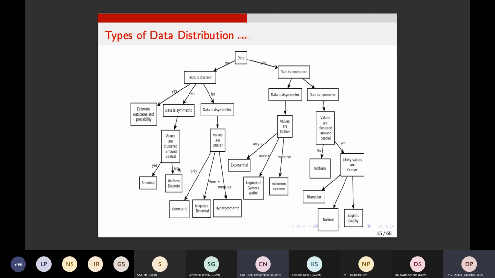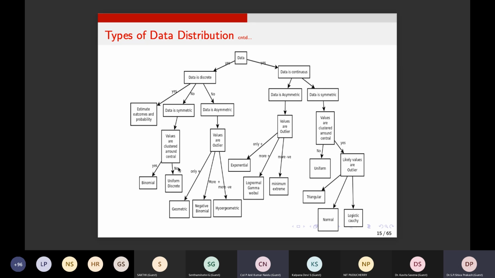If it is symmetric, the values are clustered around the center. Again, it is either binomial or uniform discrete. Now if the data is asymmetric, the values are outliers. If only positives, it will be geometric; with more positives you have negative binomial, and if it's more negative you go with hypergeometric. So if it is discrete, these are the possible types of distribution that can happen.